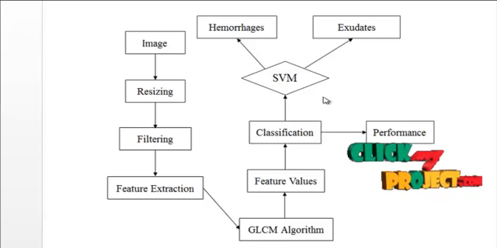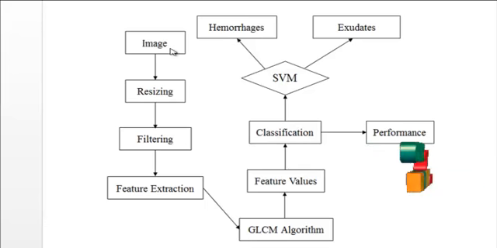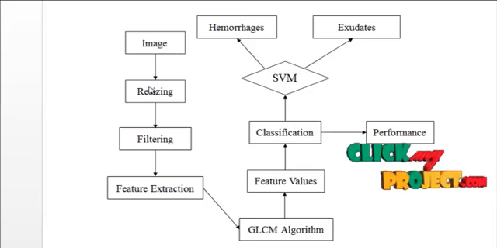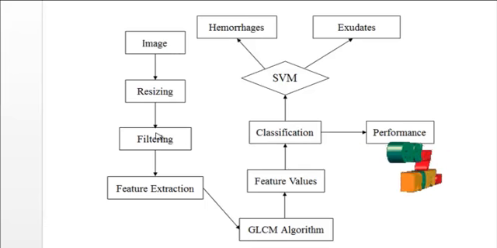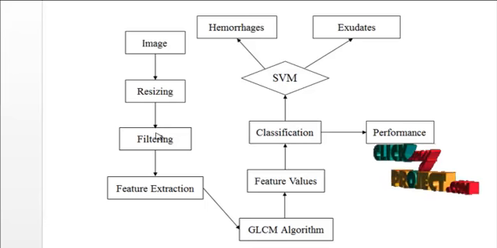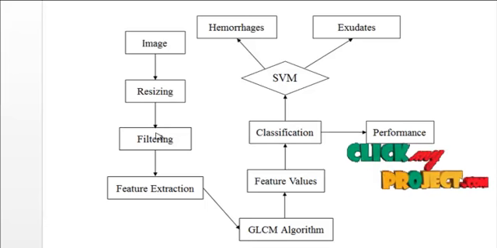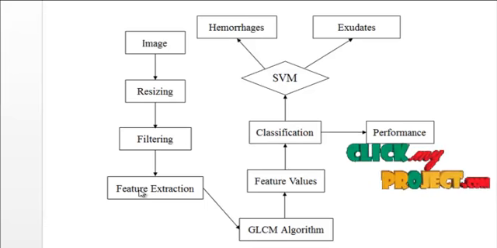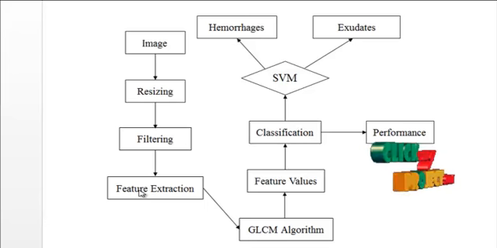In this process, the input images are obtained. The obtained images are resized and then filtered using a median filter. After that, features are extracted from the images using the GLCM algorithm and the Gabor wavelet algorithm.